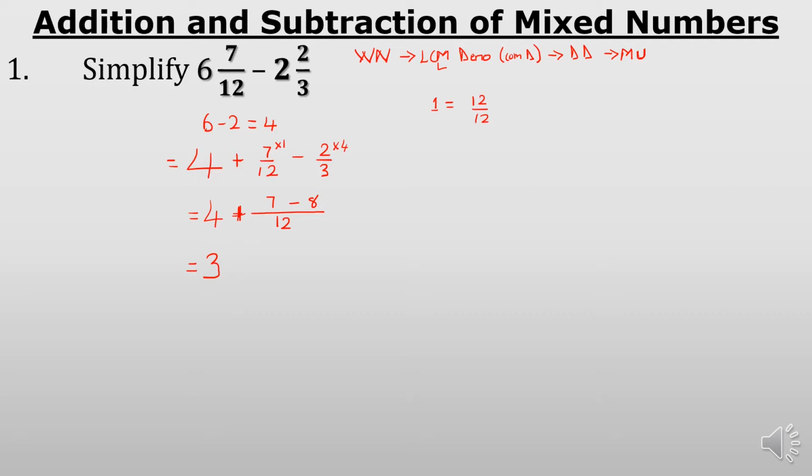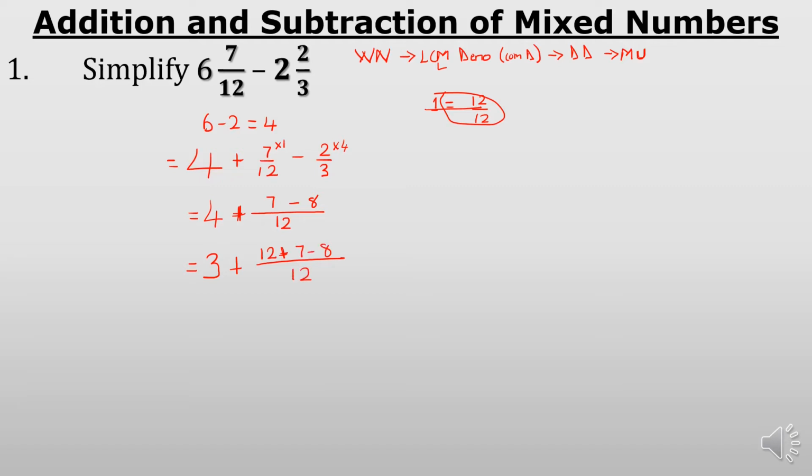But in order to save space and time, since my 12 is already the same, I'll just add that 12 to my numerator part. What I mean is that after borrowing 1 from 4, I'll be having plus 12 plus 7 in my numerator, making it big enough to subtract 8 from. So that will be 12 plus 7 minus 8, then over 12. I hope you get this.